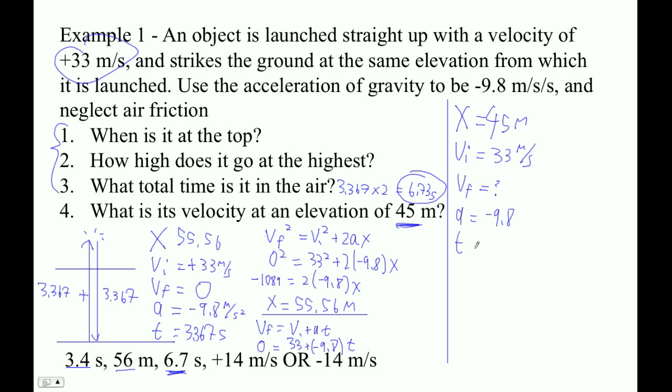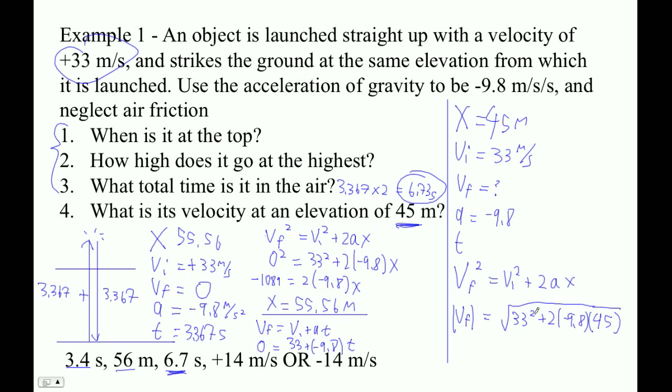Again, I'm going to use no t. So VF squared. VF, the absolute value of it anyway, is the square root of 33 squared plus 2 times negative 9.8 times 45.